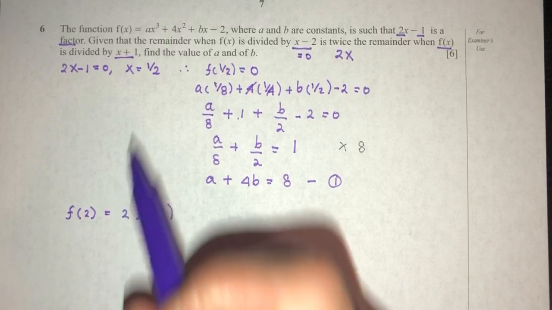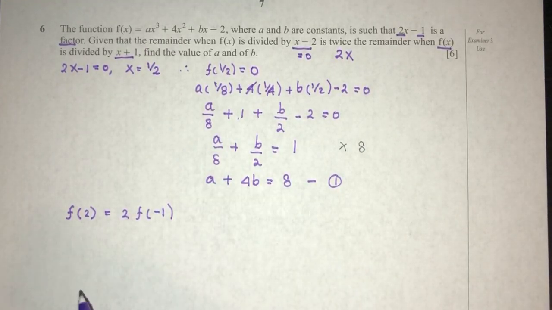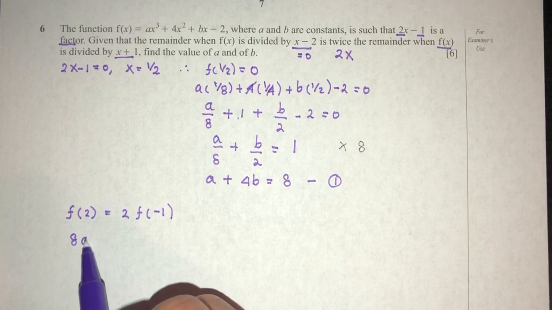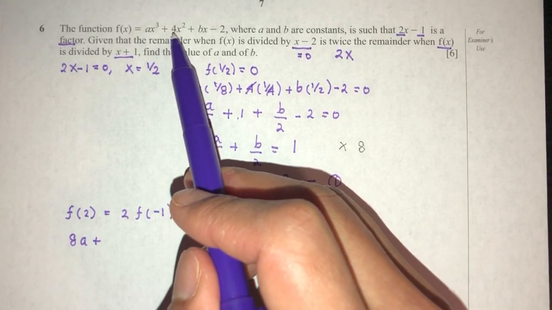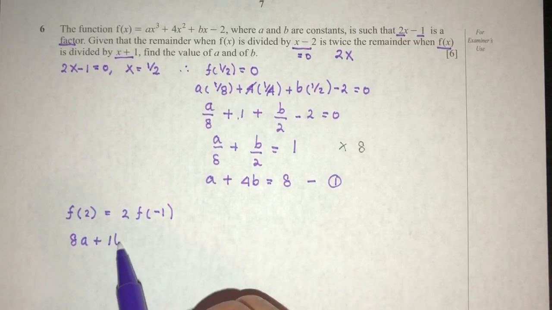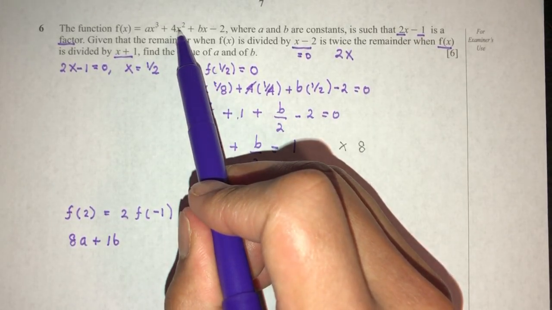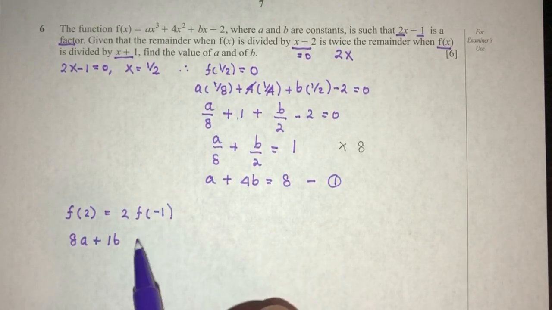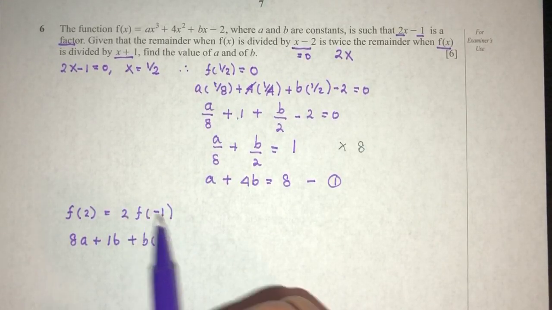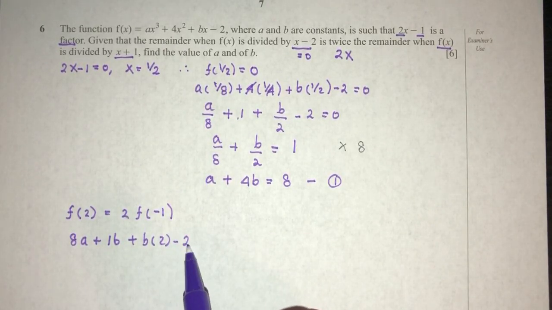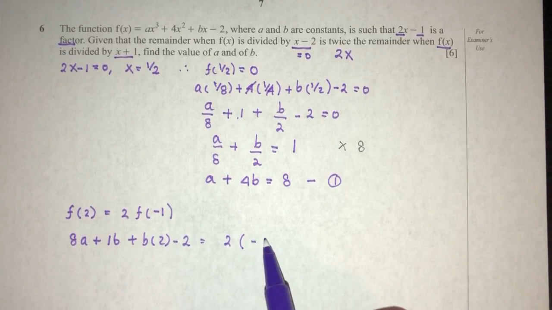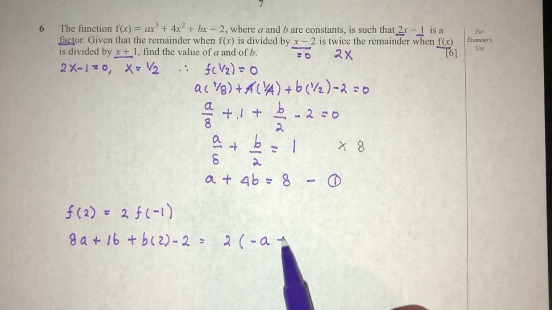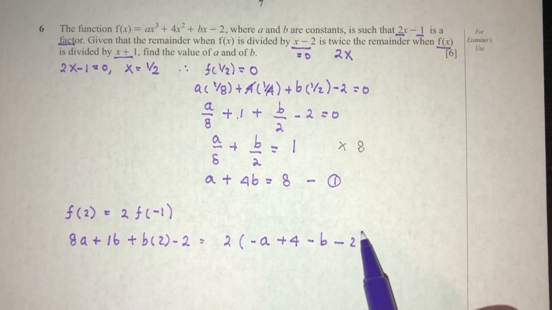On the left hand side we have a x cubed, that will become 8a, and we have 4 times 2 squared, 4 times 4 will be 16, plus b times x, which is 2, minus 2, equal to 2 times minus a plus 4 minus b minus 2.